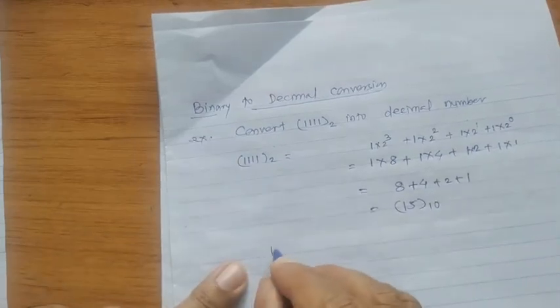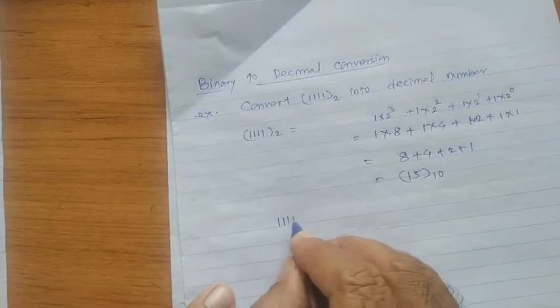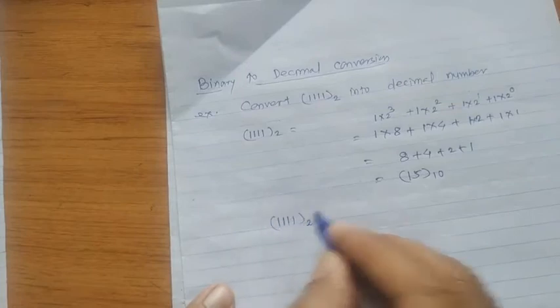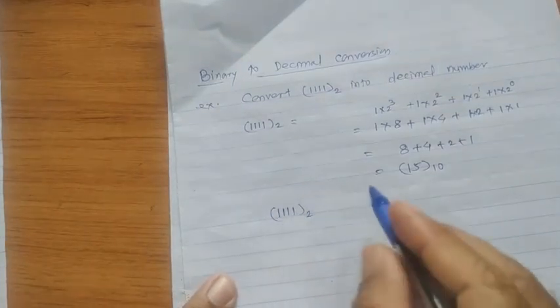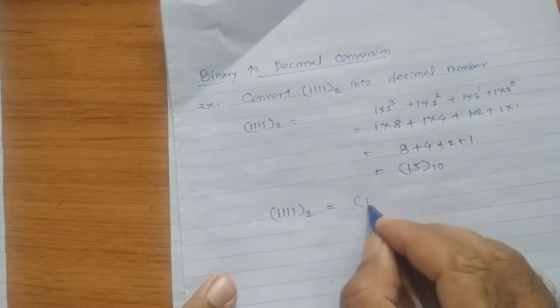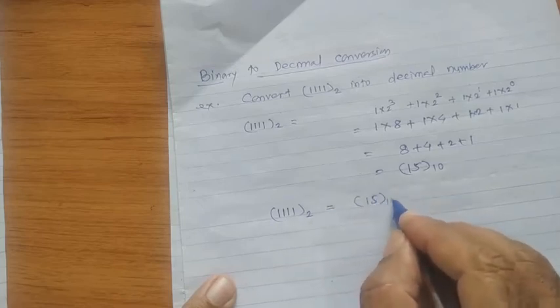So the binary number 1111 is equivalent to the decimal number 15.